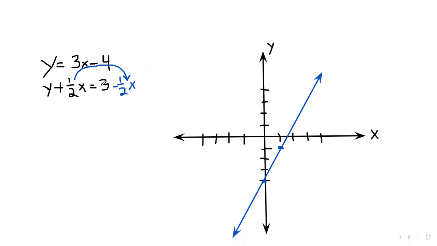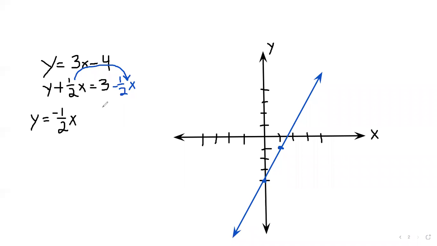It's still not quite in that form, is it? Because the x has to lead the parade and the 3 is the caboose. So let's switch it around. Once it jumps the fence, we're left with y over here, and it has the -1/2 x as the caboose. Let's put him up front, so that's going to be -1/2 x. All we're doing is moving it to the front, because that's the way the y equals mx plus b form is.